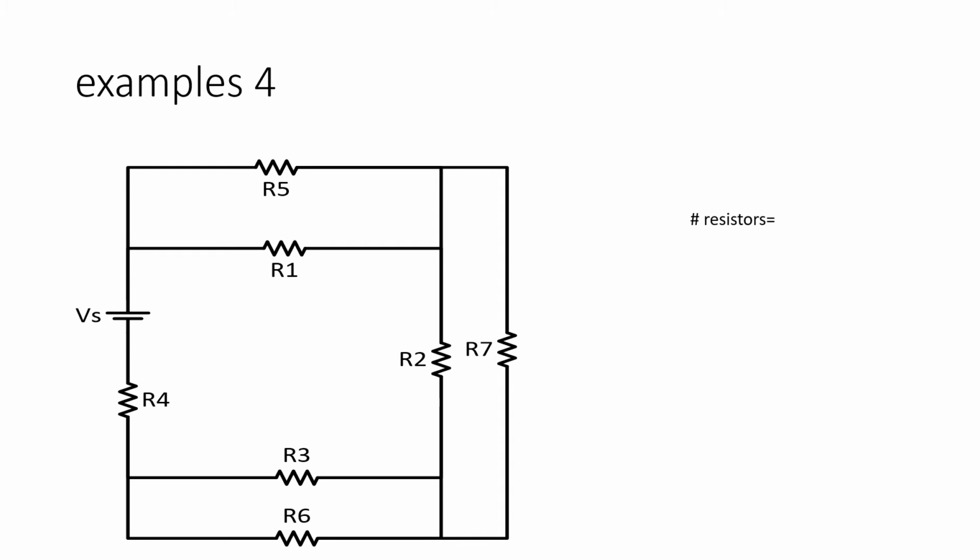This circuit, even though it looks different, the only difference is this resistor. So I will look at how many nodes there are and whether these nodes are P or S nodes. Vs is connected to R1 and R5, 3 elements, so it is P node number 1.